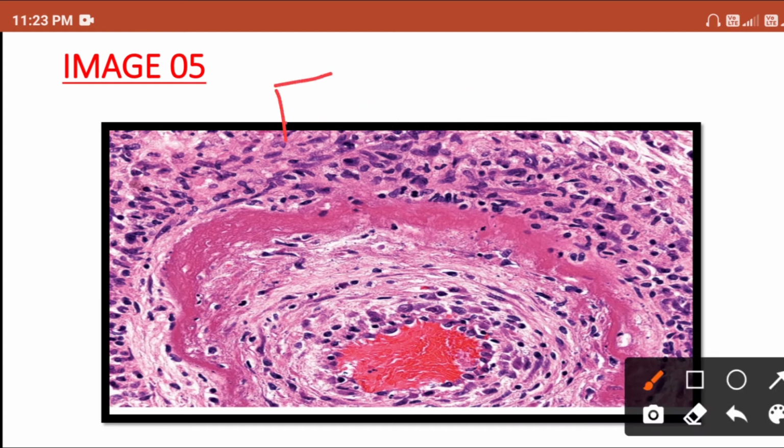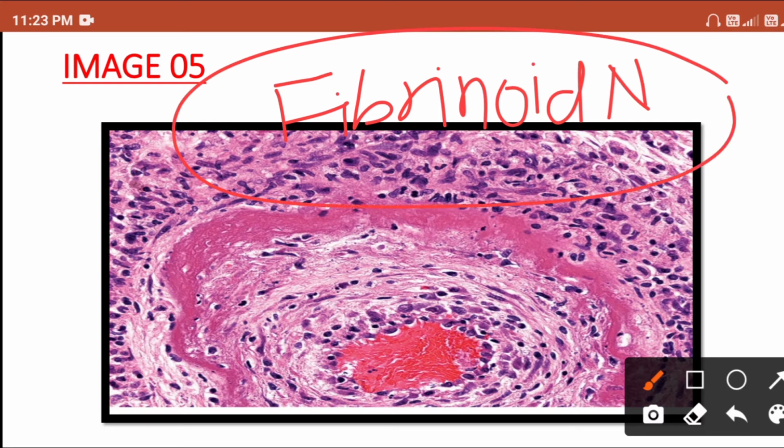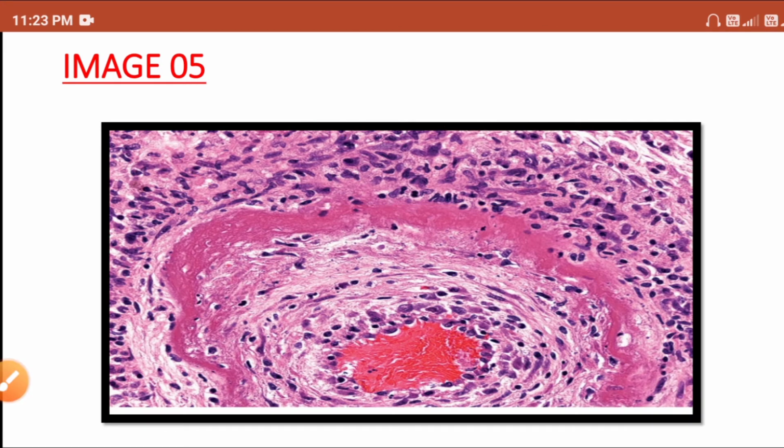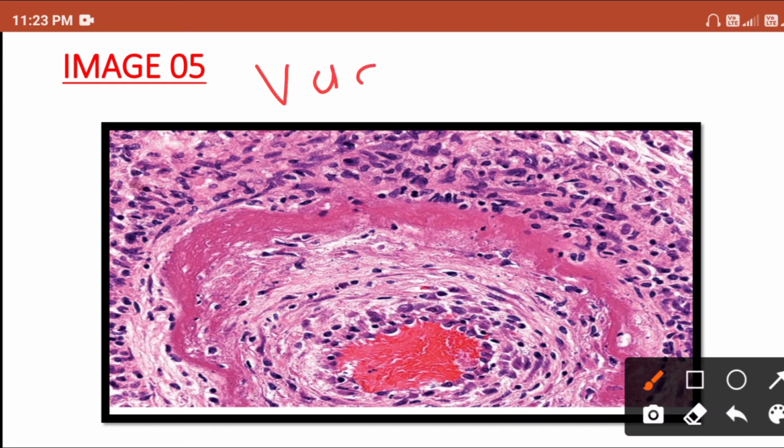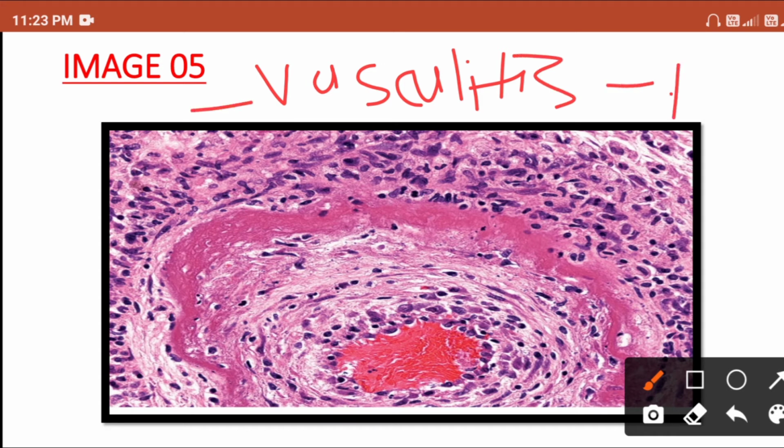It is fibrinoid necrosis. Don't forget that. It's characteristically seen in vasculitis, the vessel inflammation, and it can be seen in malignant hypertension. Particularly it can be seen in the kidney, and this is the pathology of the blood vessel.